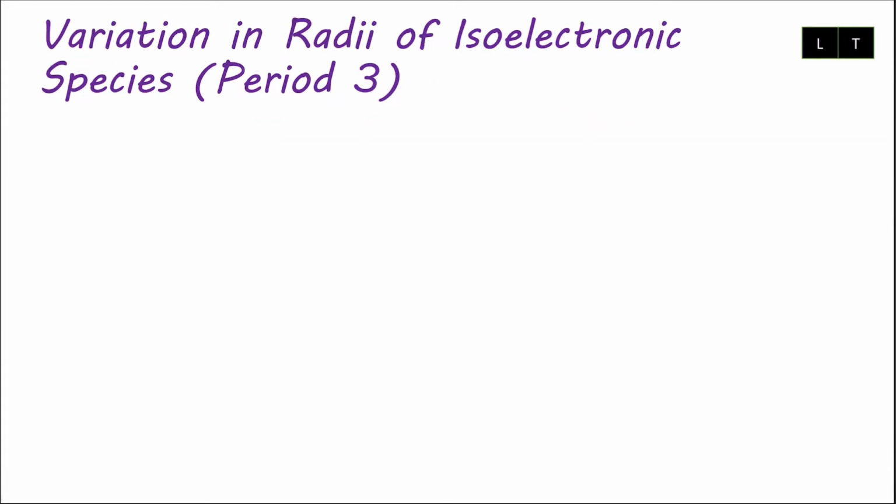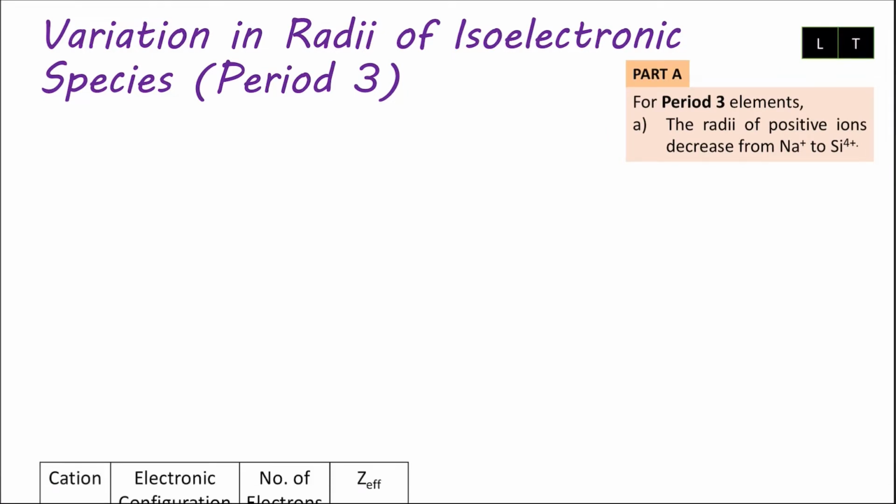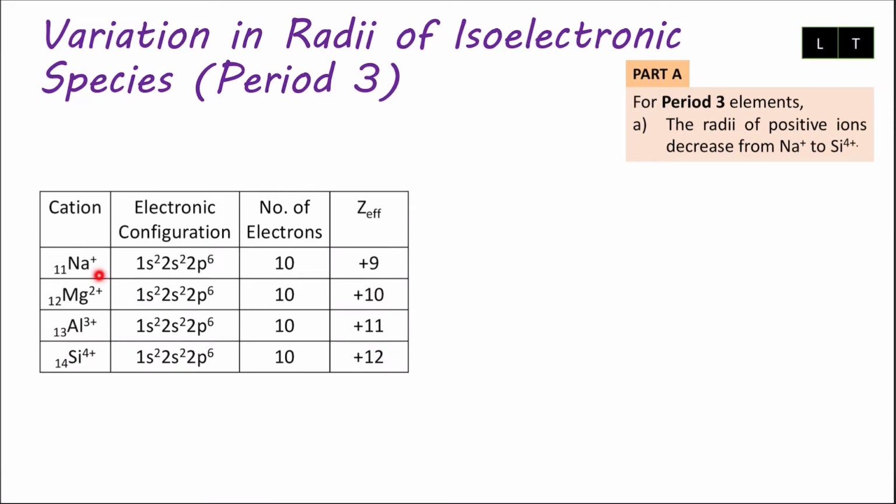We have the positive ions from Na+ to Si4+. In this case, Na+ has ZEF of +9 compared to Si4+, which has a ZEF value of +12. So more ZEF means that the size becomes smaller.